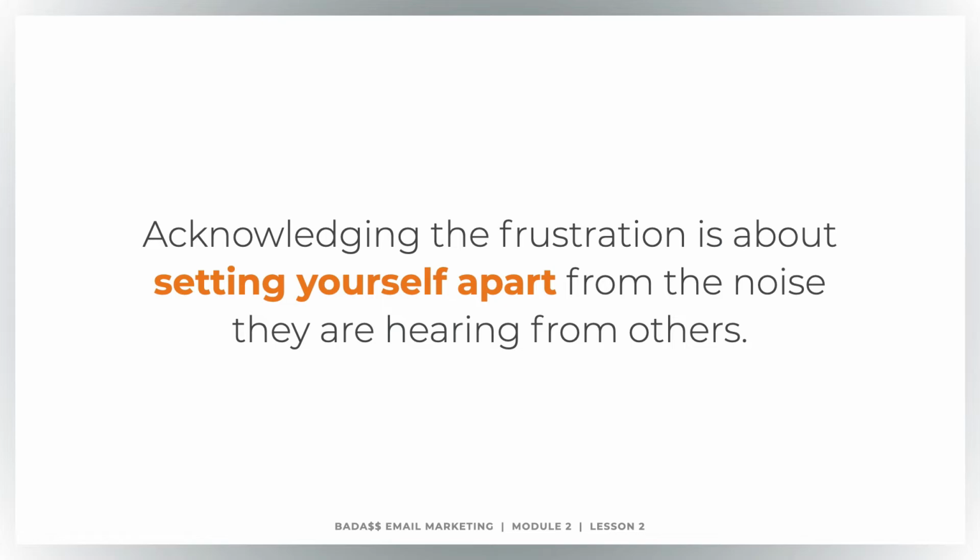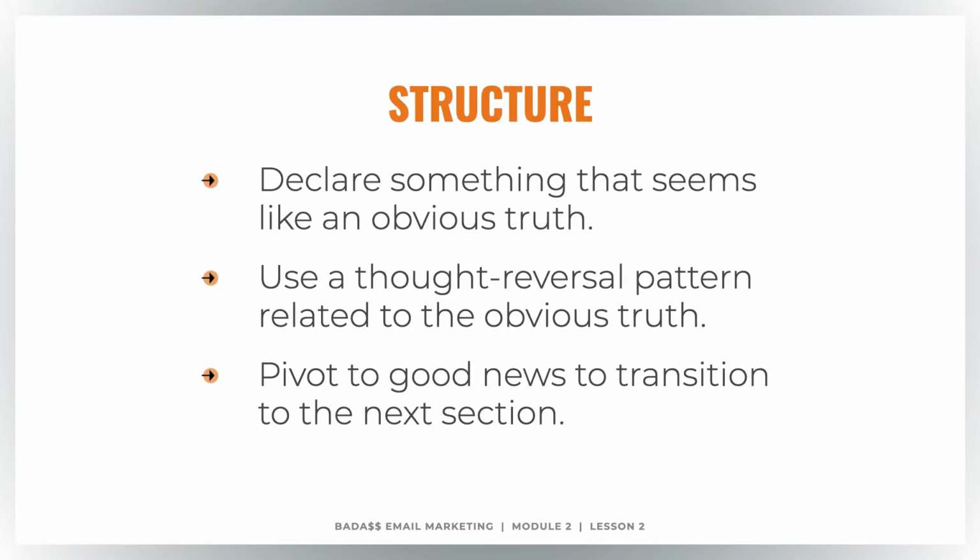So generally the structure of this system will be a 3-part structure. You're going to declare something that seems like an obvious truth. You're going to use a thought reversal pattern related to the obvious truth, and then you're going to pivot to good news to transition to the next section.